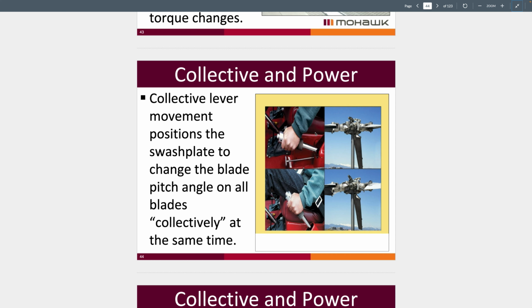The key phrase there is at the same time. And they remain that way until they are changed. This causes the helicopter's blade or airfoil to produce a higher angle of attack, which in turn leads to more lift, as long as the critical angle of attack is not exceeded.